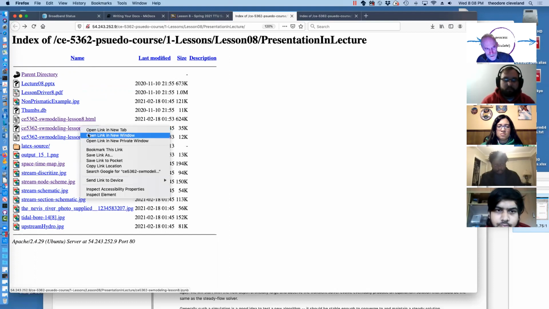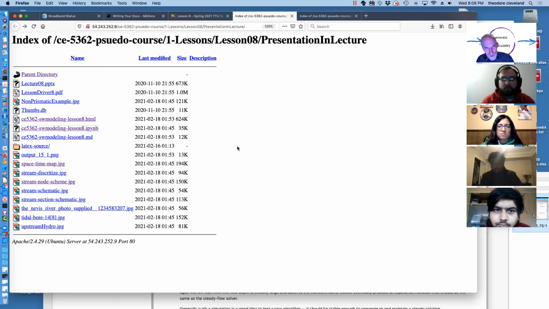You would right click, save target as, open it in your Jupyter Lab environment. That's your Anaconda thing. Then you should be able to get the rendering that I'm going to be doing live. If you want to get the graphics too, you'll have to download the various JPEGs.